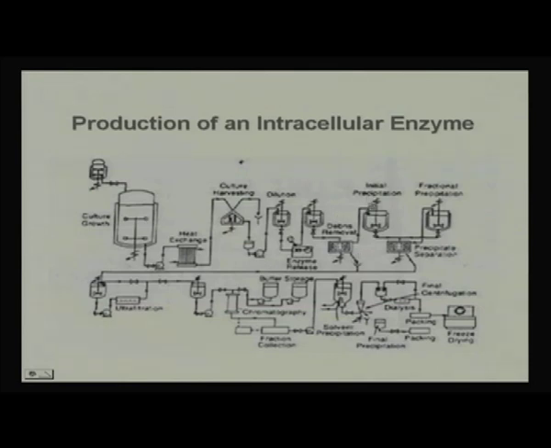Now, we go for the initial precipitation of this particular protein, and then we take the fractional precipitant and go for ultrafiltration, through which further fractionation takes place. Then we take this broth to chromatographic techniques, through which we further fractionate the protein. Then we go for solvent precipitation, and finally we get the enzyme which is concentrated.